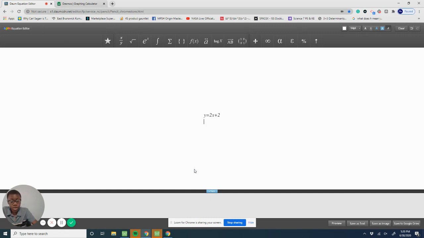So what I'm going to do here is isolate the variable. First thing we should do in this type of equation is get that constant away from the x. So to eliminate that constant, we subtract 2 from both sides. That gets us y minus 2 equals 2x.